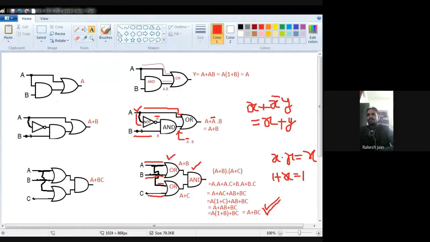Kindly look at it very carefully. Okay, now we are going to solve one simplification of a question.